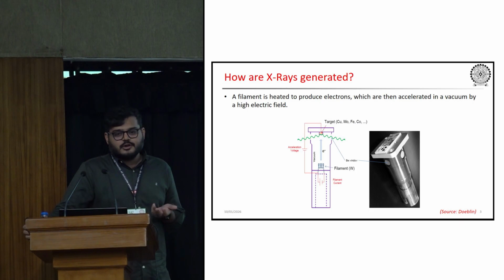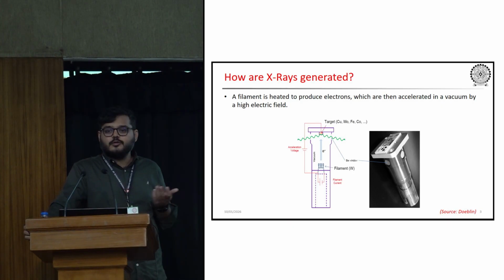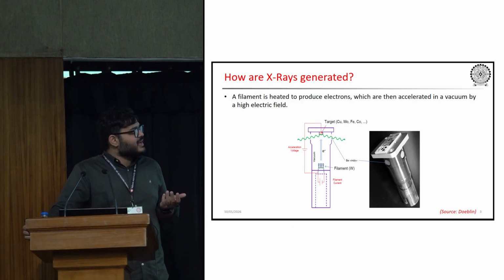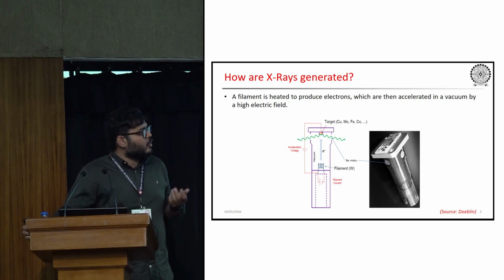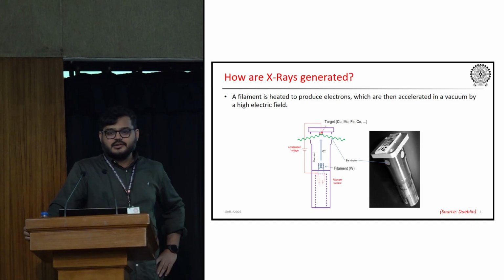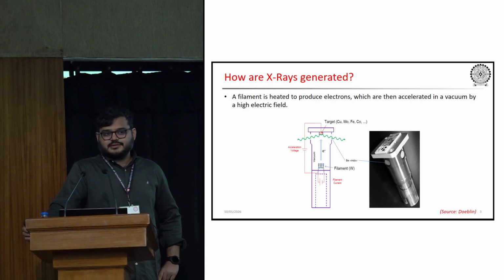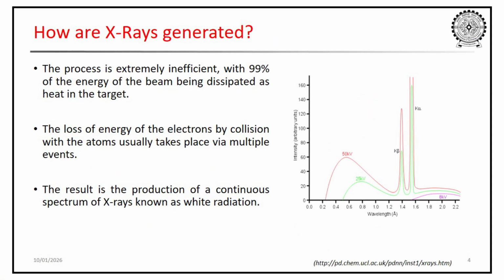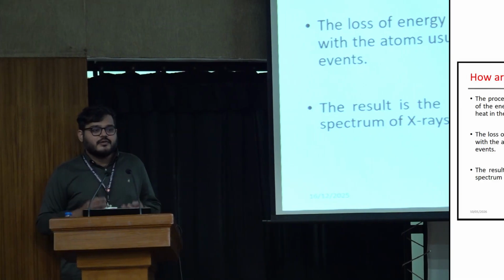Copper is the most commonly used anode for the laboratory diffractometers. There are some special cases where you can use molybdenum, cobalt, etc. But why are our choices of these materials quite limited? It's not because of the availability, but one of the main reasons is that this process of hitting these anodes with electrons is a highly inefficient process, and it leads to the generation of a lot of heat.